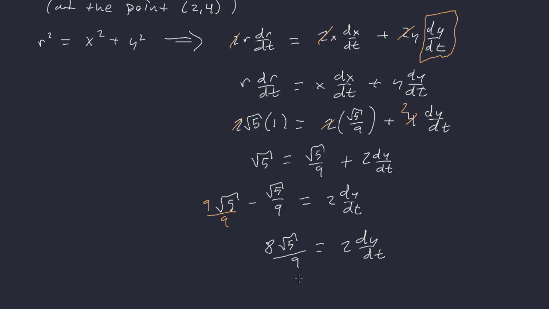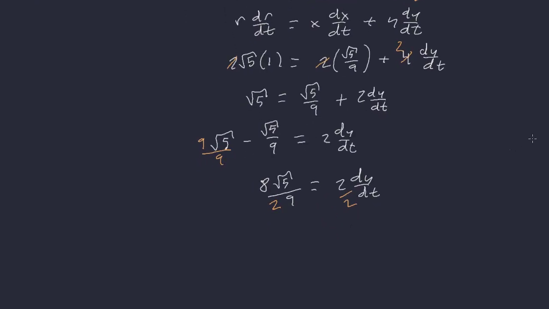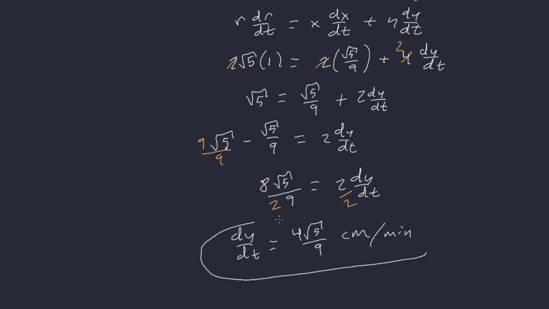And then we just divide by 2 to get at the end that dy/dt is going to be 4 root 5 over 9. And this will be in centimeters per minute once again.